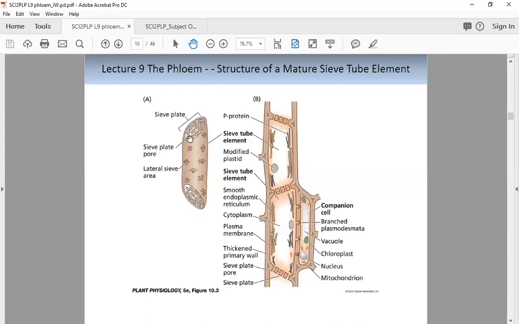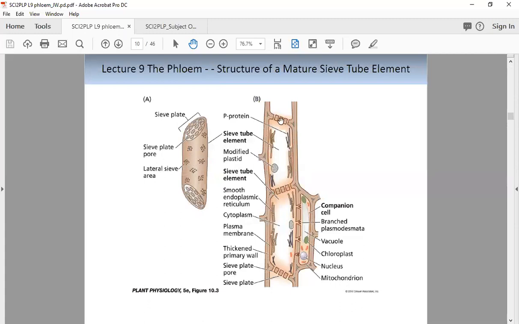They contain these large pores which allow continuous movement of photosynthates from one sieve element to the next. And then, of course, in the cell wall, they have these areas of tiny pores called lateral sieve areas. So obviously this allows a lateral connection between adjacent sieve tube elements.